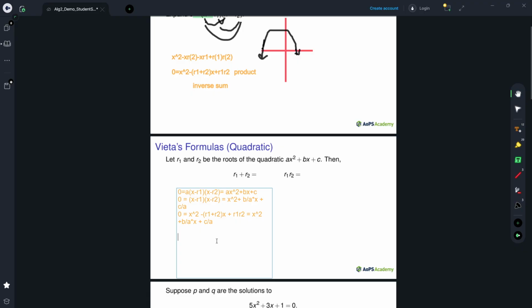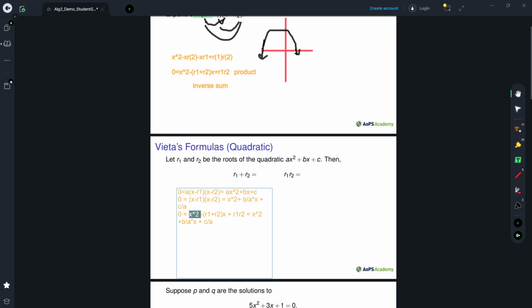Okay, James, what do you think we should do next? You're trying to find the sum of the roots and the product of the roots, right? Yeah, that's correct. So this is the sum of the roots here, and this is the product here. We can look at the different x values.